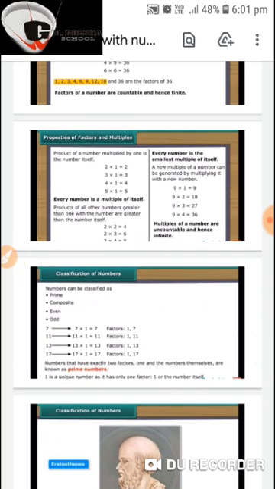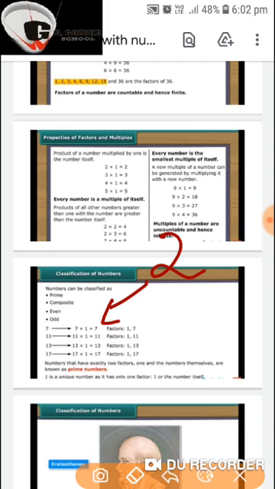Now, let us look at prime and composite numbers. Till now, we have gone through the properties of factors and multiples. So, dear students, we have seen that every number except 1, let us discuss 1 later, has at least two factors. For example, the number 2 has the factors 1 and the number itself.